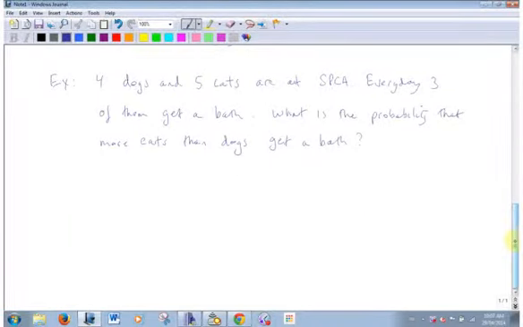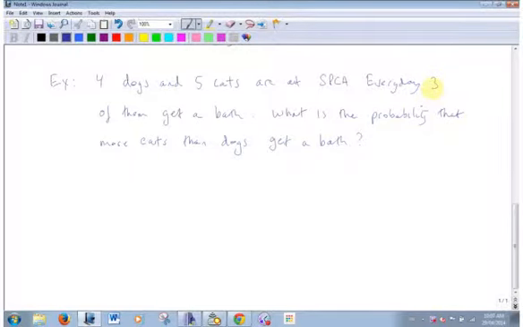So hopefully we understand what that means. More cats than dogs. How many are getting baths? 3. So if I got more cats than dogs, there's more than one possibility here, right? Remember those questions that said at least? I could have worded it like that. So more cats than dogs, what are my possibilities?